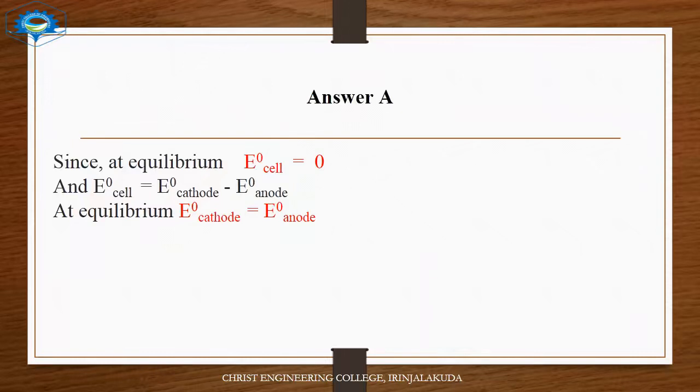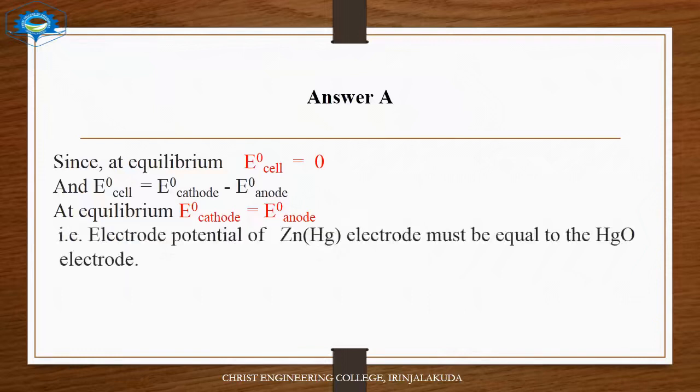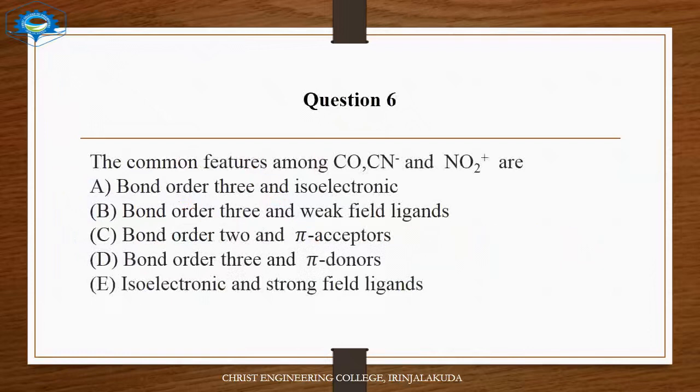In the equilibrium condition, the value of E0 cell is 0, so E0 cathode and E0 anode become equal. So both the HgO electrode potential and the zinc amalgam potential become equal. The answer is very simple, answer A.